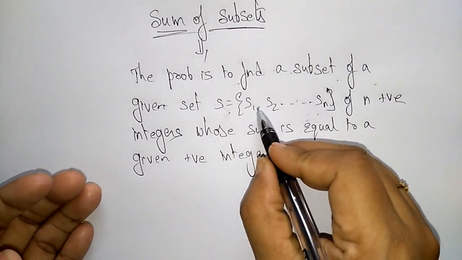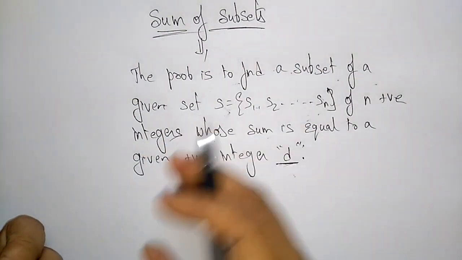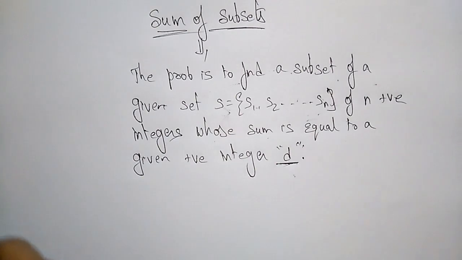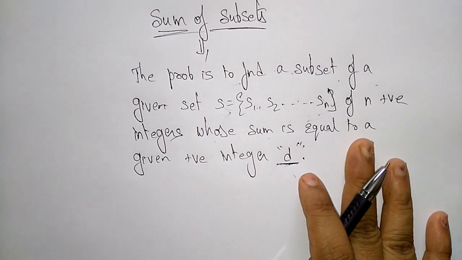So we just have to take some elements in this set and finally find the integer d. Here the observation is, it is convenient to sort the set elements in increasing order.